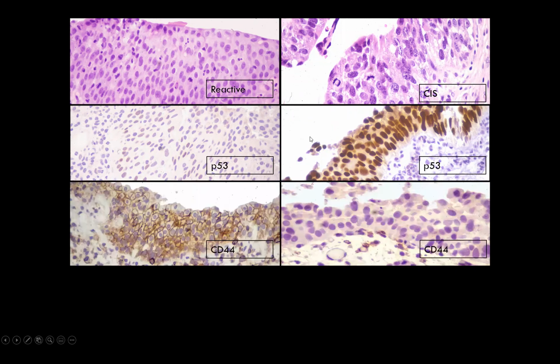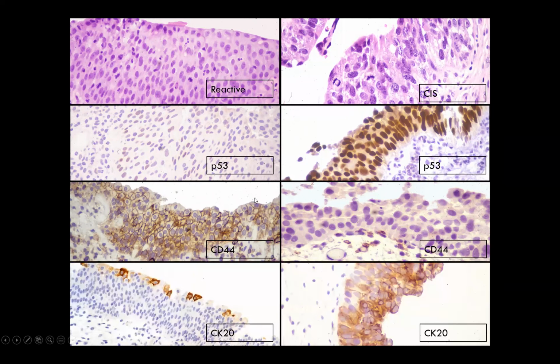So what about other stains? We have CD44. CD44 in reactive conditions should stain full thickness urothelium like this, right? Nice and intense. However, in carcinoma in situ, CD44 either stains only a few cells in the basal layer or does not stain at all. So this is a pattern you would expect in carcinoma in situ.